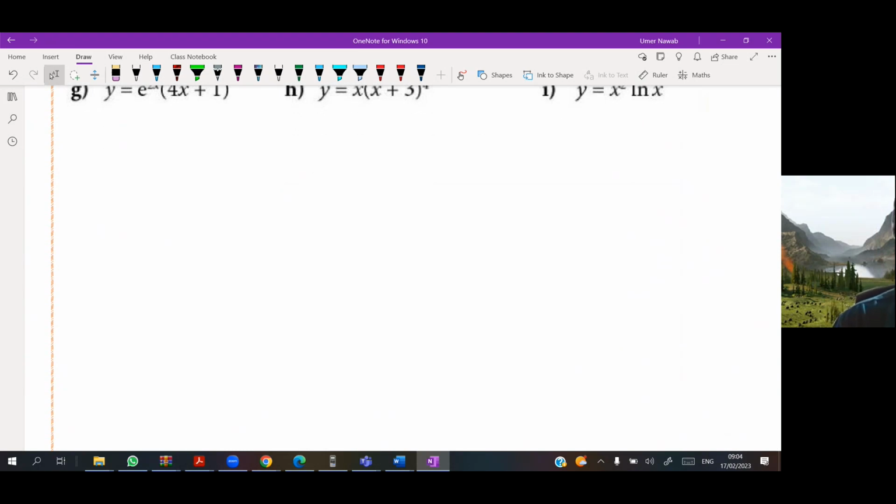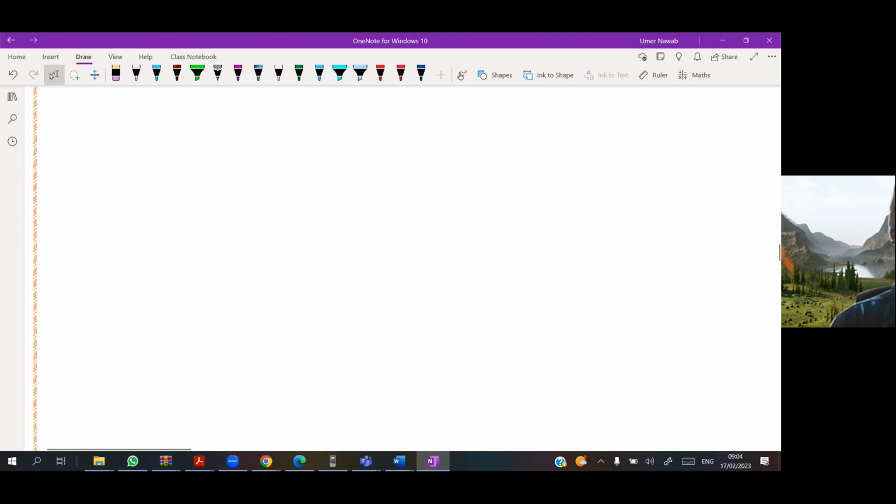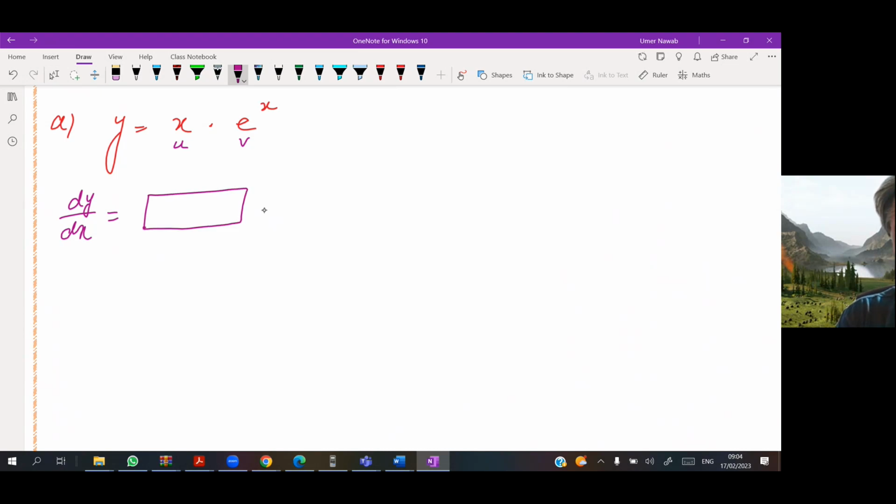Question number 1, part A: y equals x times e to the x. Now imagine this is u and this is v. I'm ready to find dy by dx. I'm making the two boxes.